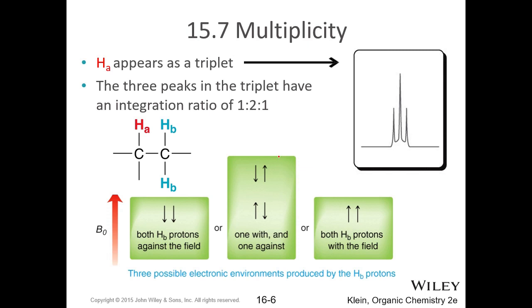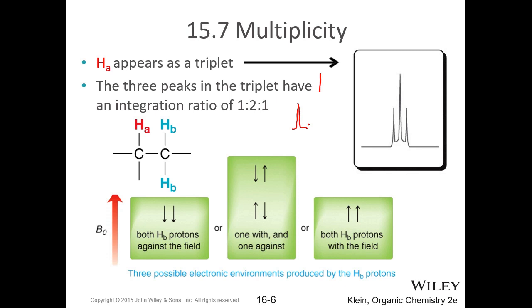They can both be aligned with the field, in which case we are again increasing the B0. So again, if we say that our typical HA would be here, by having two of them, we're increasing the shift, and we get a peak that's at greater chemical shift. But we can also have one hydrogen up and the other down, or down and up.